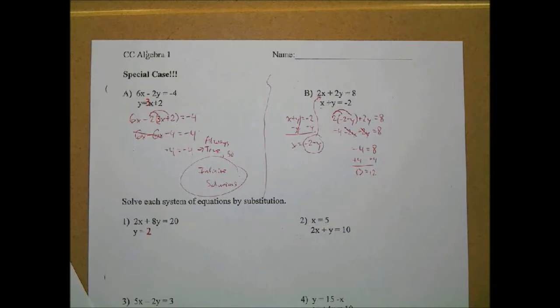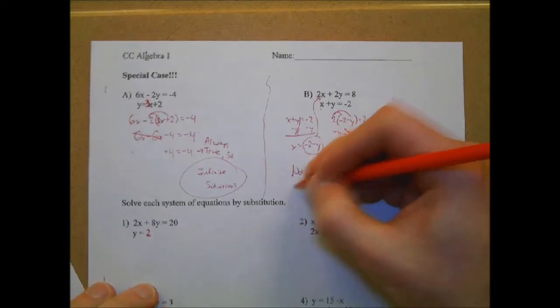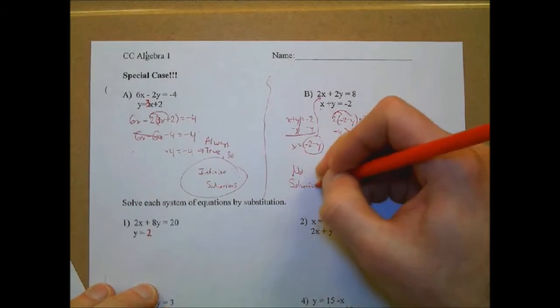If I add 4 to both sides, it's still weird. I get 0 equals 12. Is that ever true? No. So which one of the special cases is this? No solution, because it results in this weird, impossible situation.